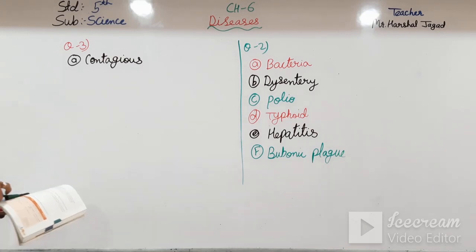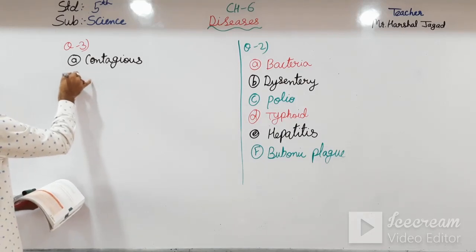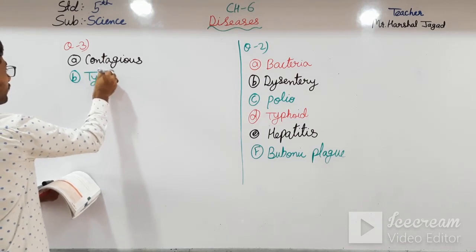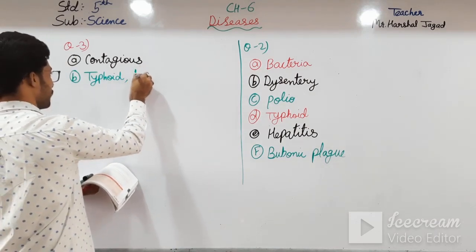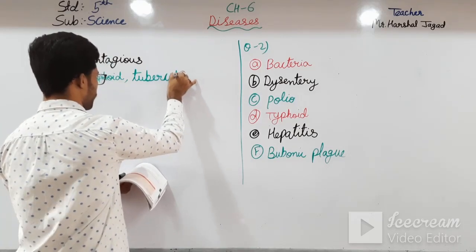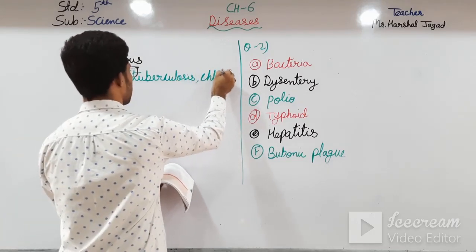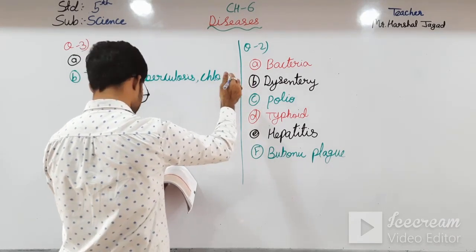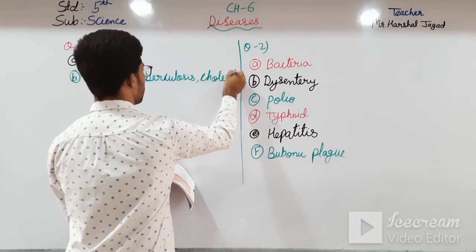B, some diseases caused by bacterial infections are. So bacterial infections that are typhoid, tuberculosis, and cholera.